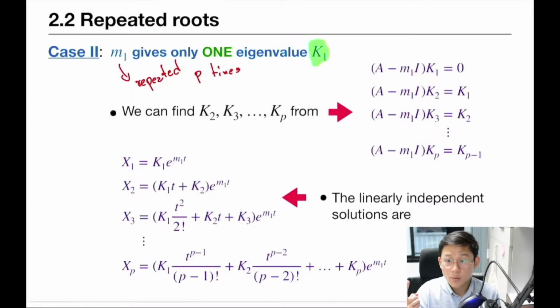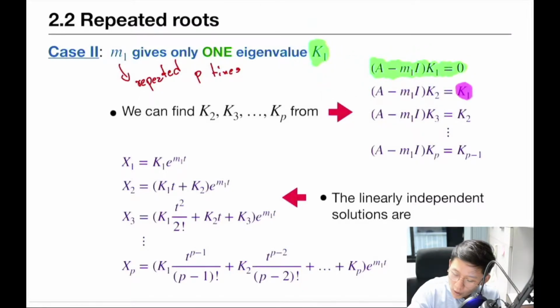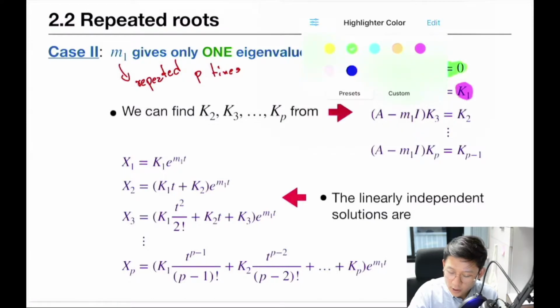We will start with k1, and we find k1 with this equation, right? We've done that many times: A minus m1 I times k1 equals 0, and that is when we obtain k1. Once we get k1, we have only one k. If we have p k's, that's it, that's the previous case 1. But this is case 2, when we have only one k. So you can find k2 by taking this k1 and using the same m, which is m1 here, and then you can obtain k2.